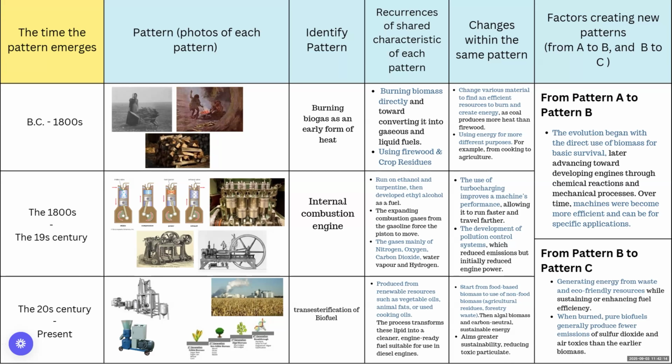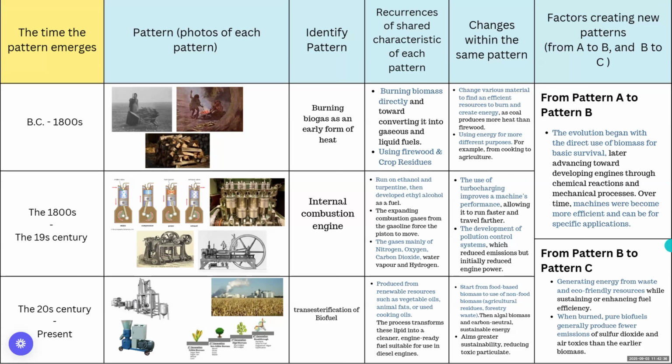And it starts from the first generation, called food-based biomass, to second generation non-food biomass, then alcohol biomass, and carbon neutral sustainable energy. This aims at greater sustainability, reducing toxic particulates.